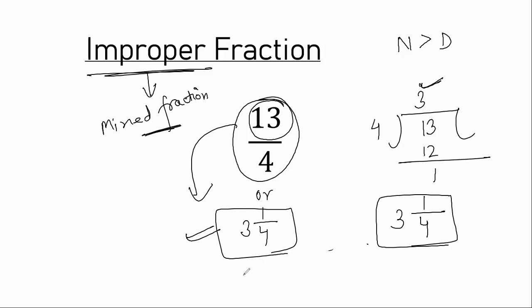Now let's discuss how to put these fractions on the number line. The first fraction you have is the proper fraction 3 over 4. Remember this thing: whenever the numerator is less than the denominator, the fraction will lie between 0 and 1.